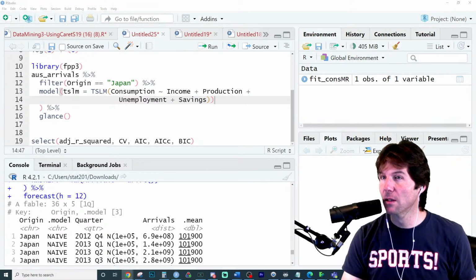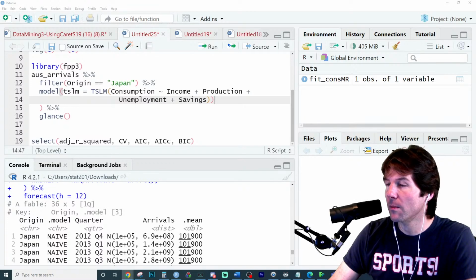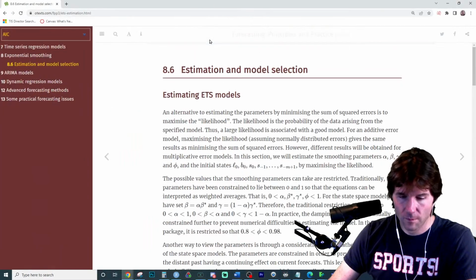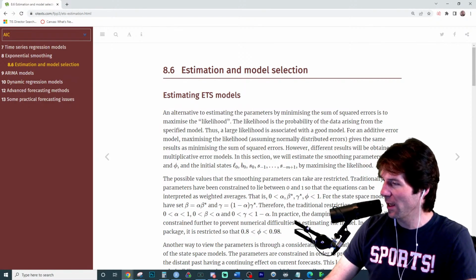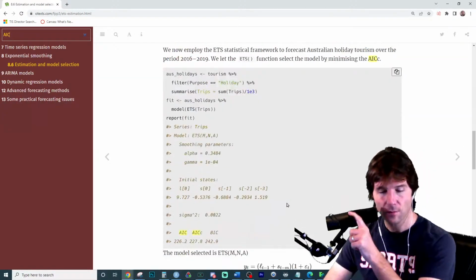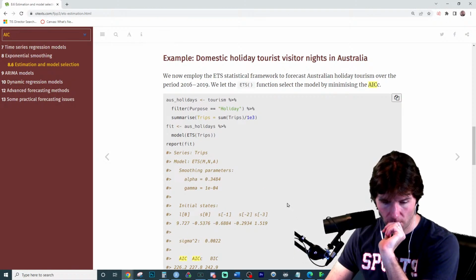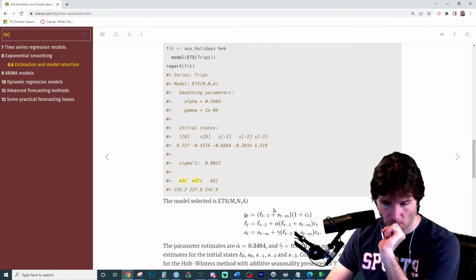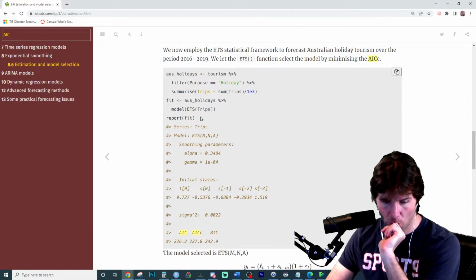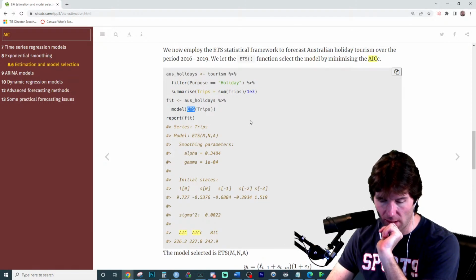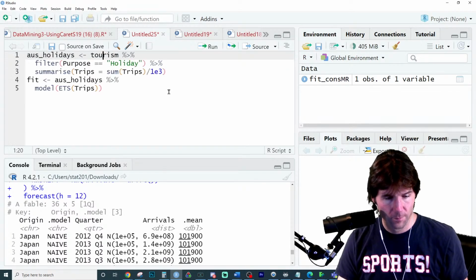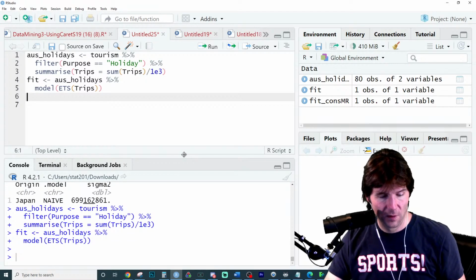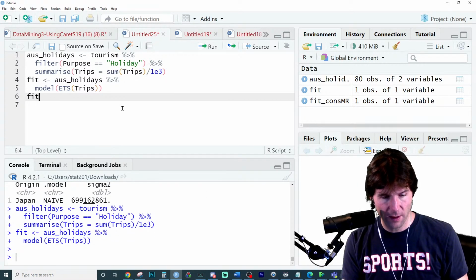I might need to take a look, Sierra. I stored them all and then did a glance on the stored ones and it worked. Yeah, that's what I thought. There's the model stored. There's an ETS right there. And then we should be able to go to fit.